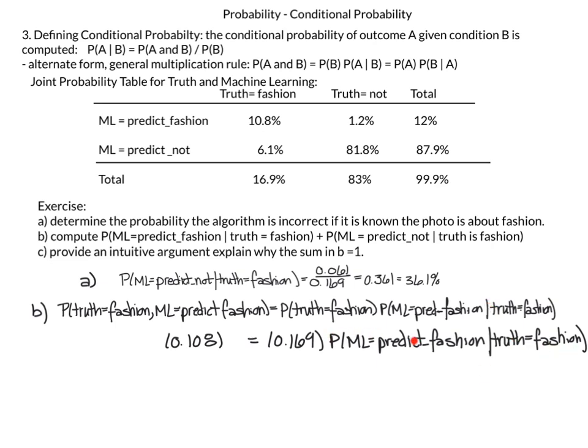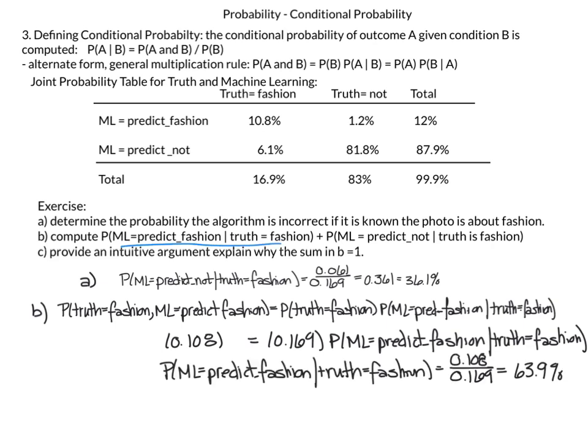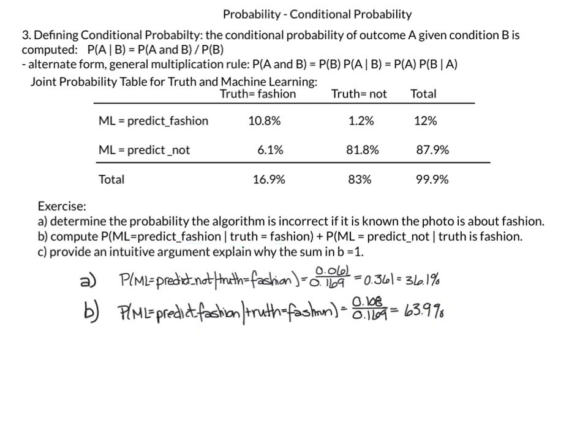So this is the conditional probability I was asked to calculate. I can do the algebra, and I get it's equal to 0.108 divided by 0.169, and I get 63.9%. And now we have predict machine learning equals predict not, given that truth equals fashion. But you know what? That's what we calculated in part A. So we've done B.